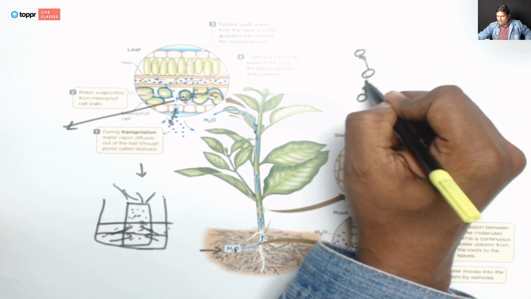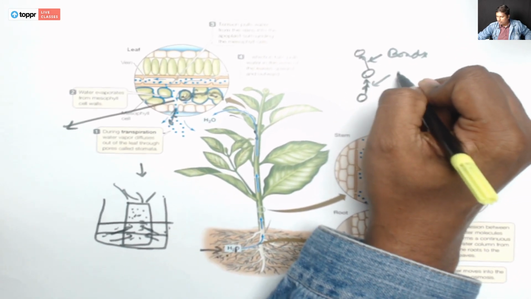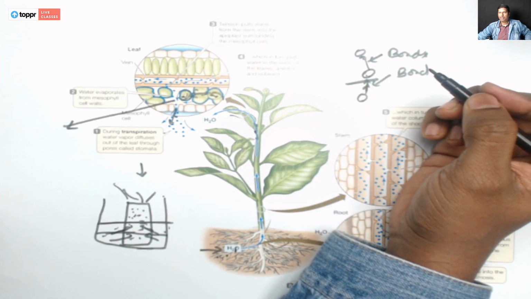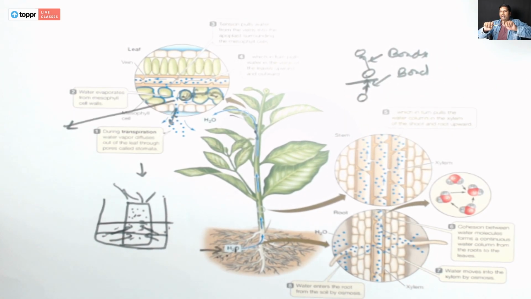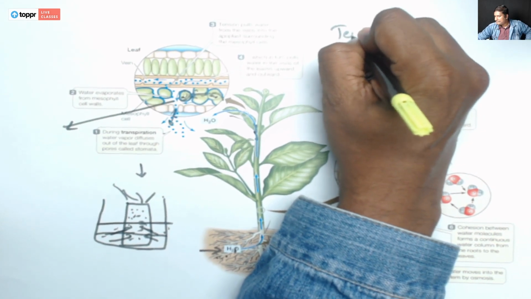This will only work when these bonds are strong enough. Otherwise it will simply break. It's like taking a copper thread or any thread and trying to pull it. If it breaks, it's not strong enough. That strength is what we call the tensile strength.